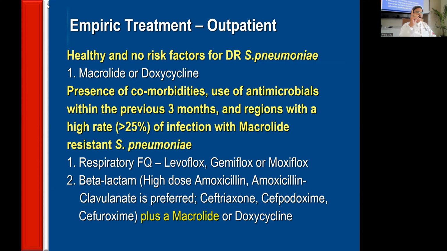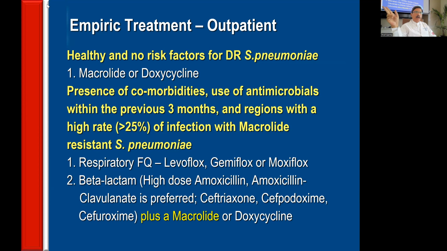Then only a single drug, either a macrolide or doxycycline. Macrolides, I have told you, 3 drugs: clarithromycin, azithromycin, erythromycin. Doxycycline, 100 milligrams BID, one of them. For the first category of patients, the drug to be used is only either a macrolide or doxycycline.